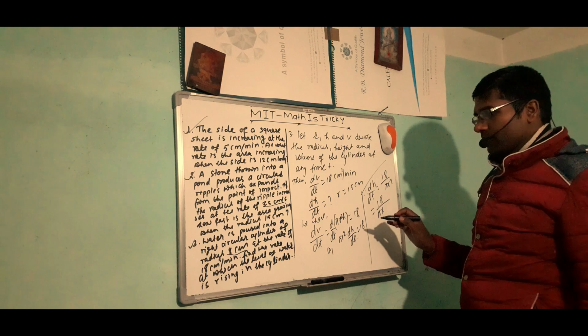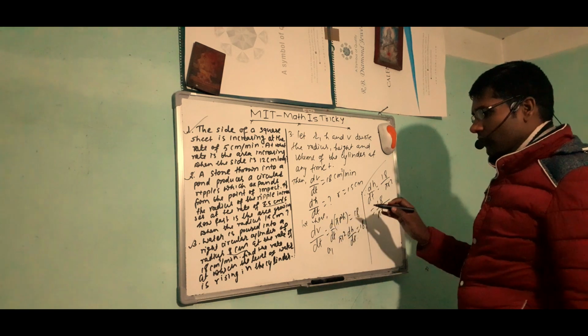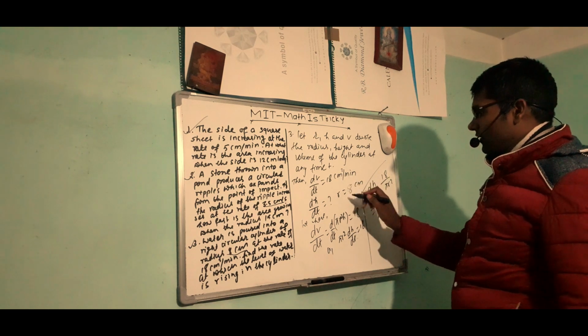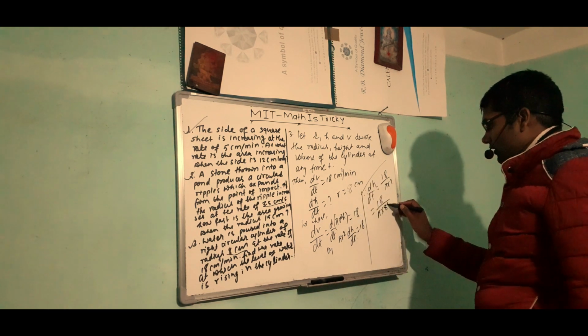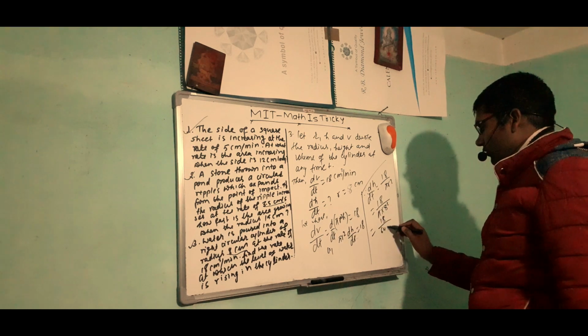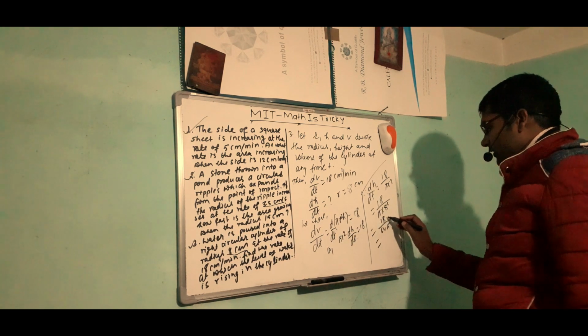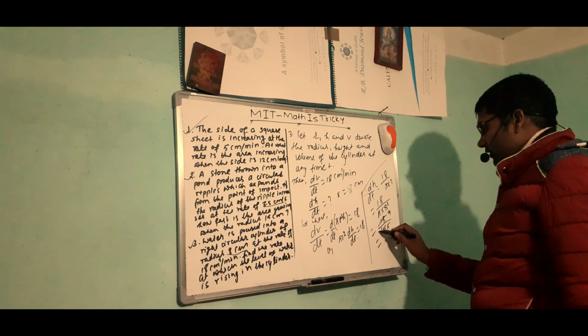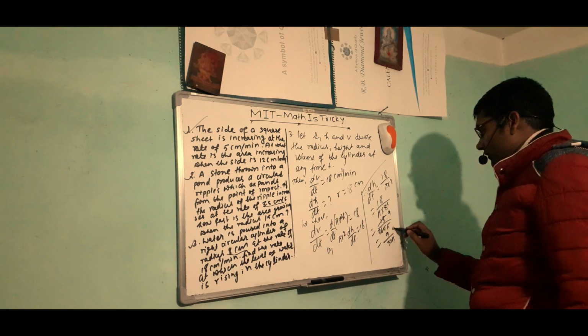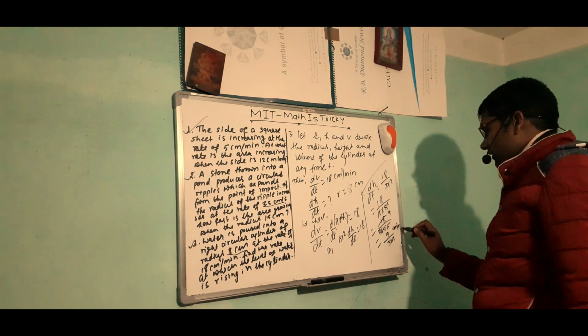We are given r, sorry, it is here 8 cm, so 8 square, and it will be simply 18 by 64 pi, by cancelling we'll get 9 by 32 pi, and here it is cm per minute.